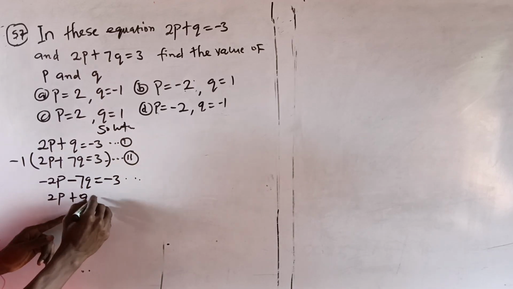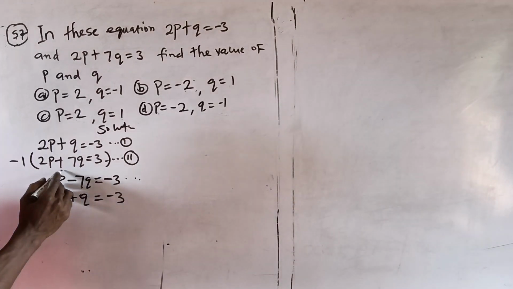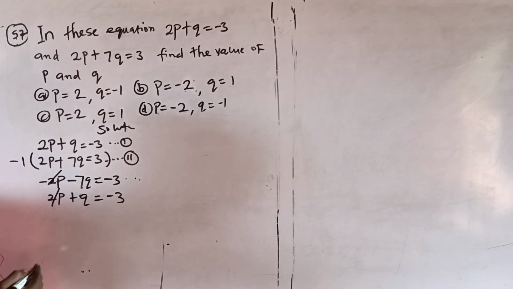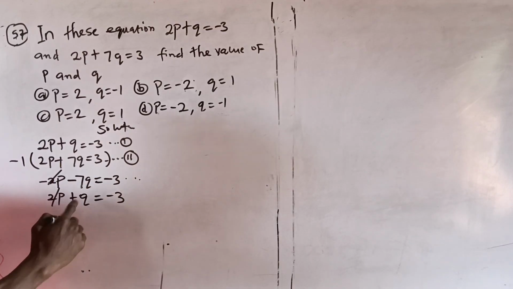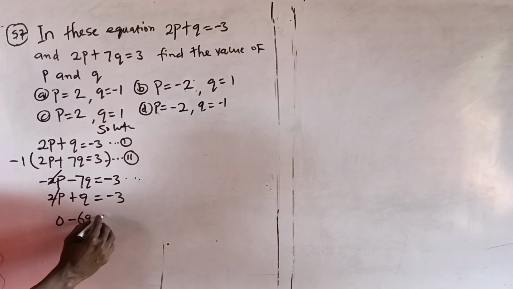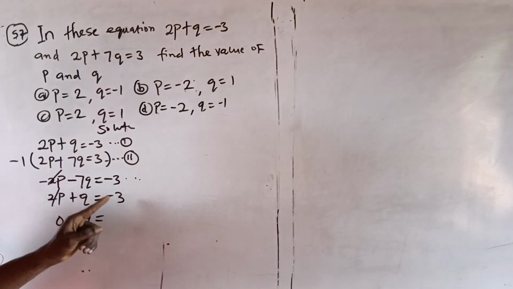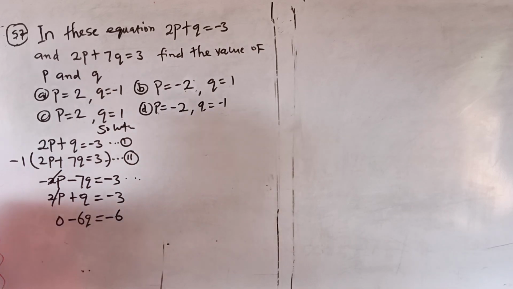Plus q equals to minus 3. So what do we do here now? Minus 2p plus 2p will give us 0, right? Minus 7q plus q will give us minus 6q equals to minus 3 minus 3 will give us minus 6, right?